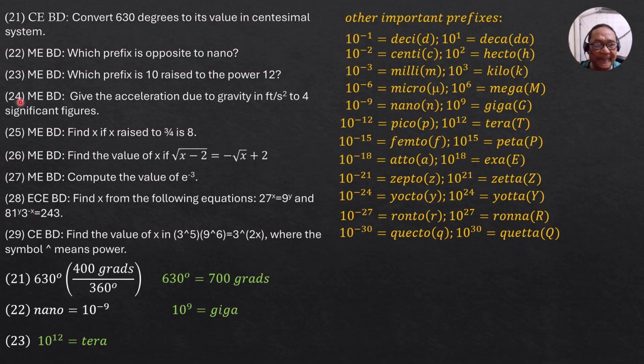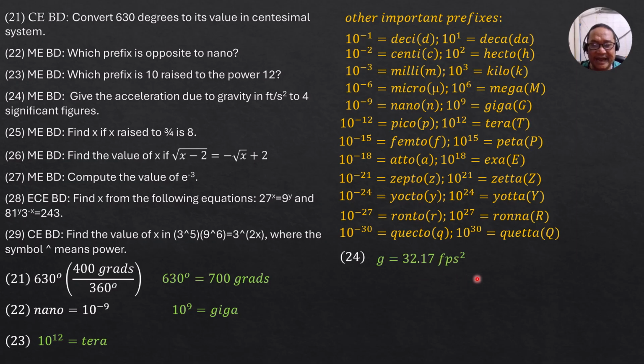So, next, problem 24. This came out in Mechanical Engineers Board exam. Give the acceleration due to gravity in feet per second squared to 4 significant figures. That is equal to 32.17 feet per second squared.